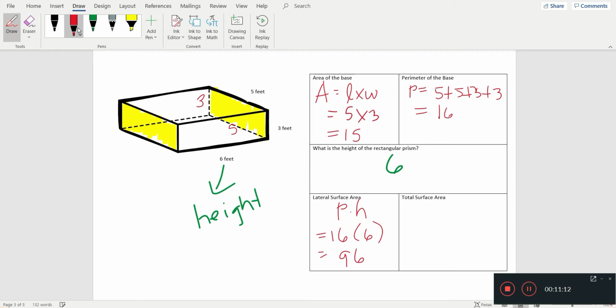Okay, so the total surface area is pH plus twice the base. The answer is 96 as my perimeter times height plus twice the base. My base is 15, right? So 96 plus 30, if you add that, is 126.